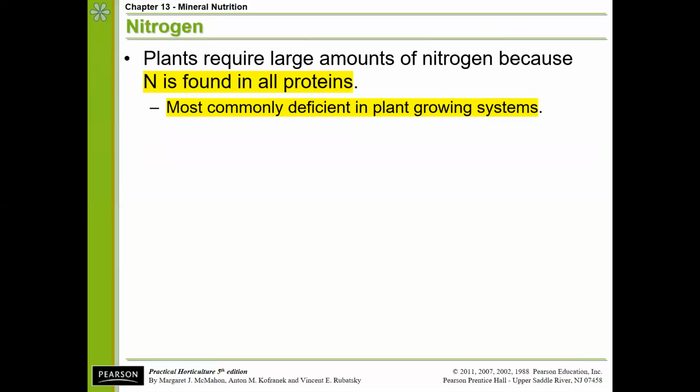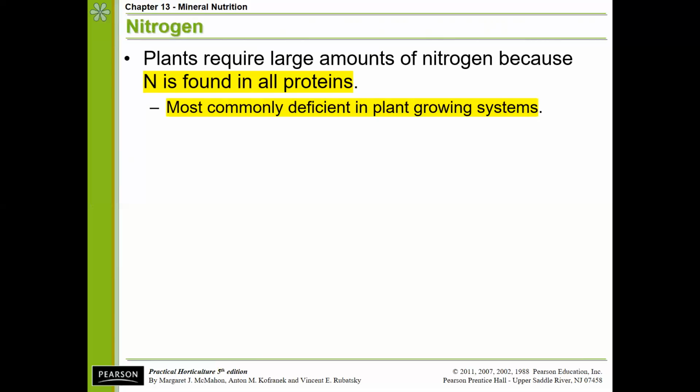So let's first talk about these major macronutrients. First, nitrogen, which is the most commonly deficient nutrient in agriculture. It is so important because nitrogen is found in every protein.